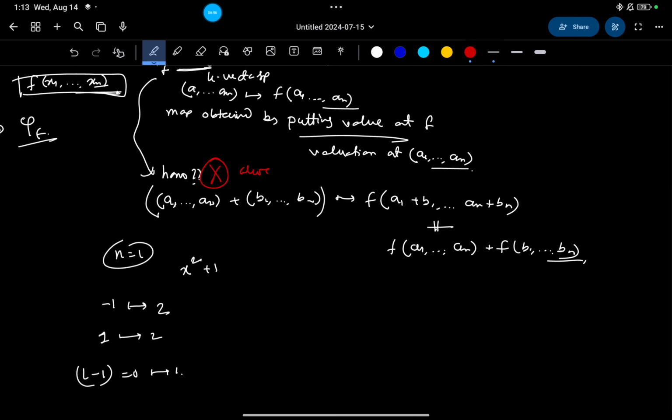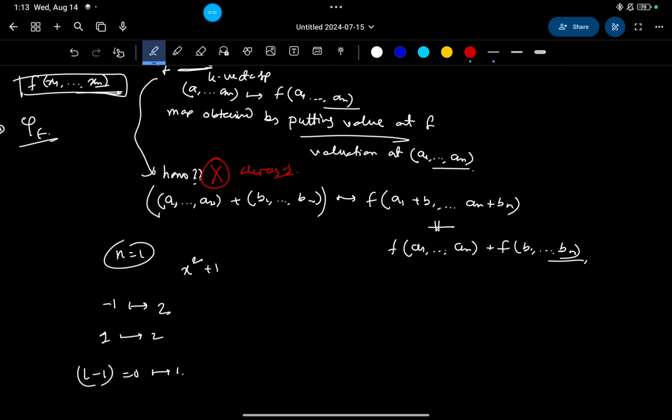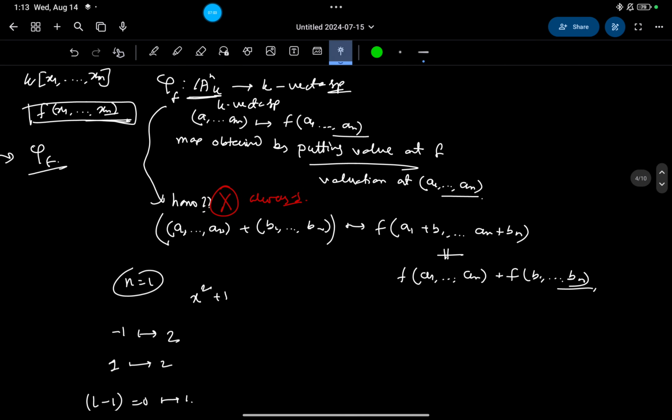So it may not be a homomorphism always, but one thing can be fixed, that for any particular small f, I can talk about the zero of small f.